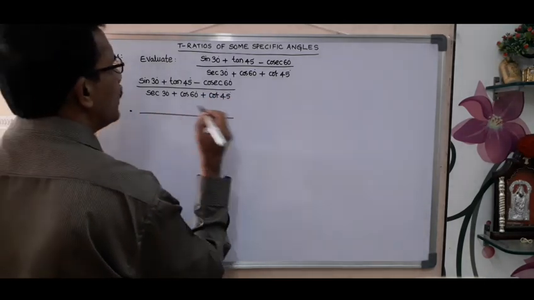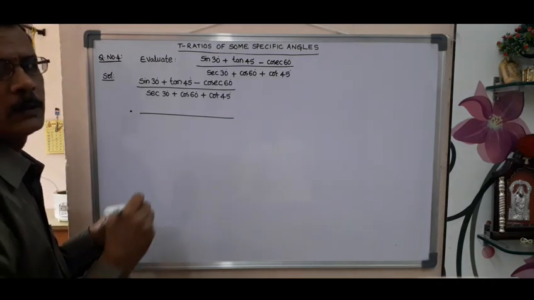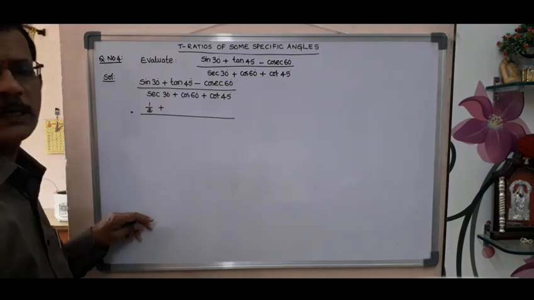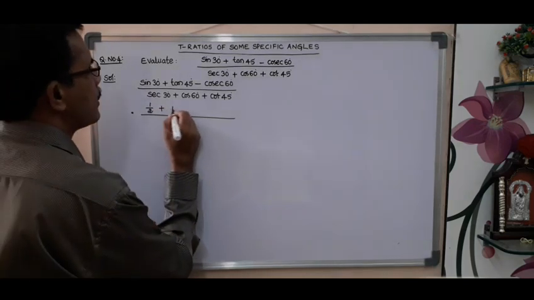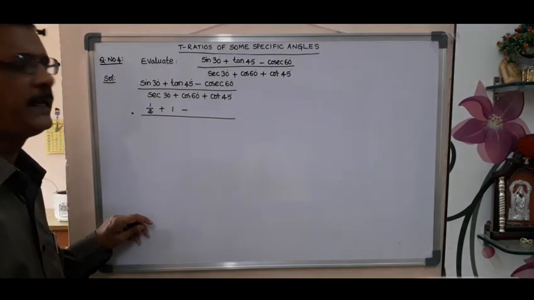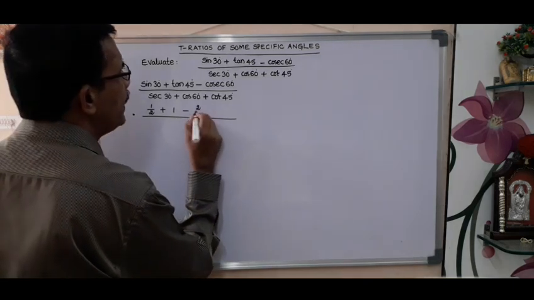Now, from the table, sin 30 degrees value is 1 by 2, plus tan 45 degrees value 1, minus cosec 60 degrees. Cosec is the reciprocal of sin. Sin 60 degrees is root 3 by 2, so it is 2 by root 3.